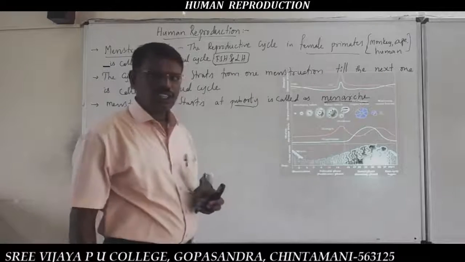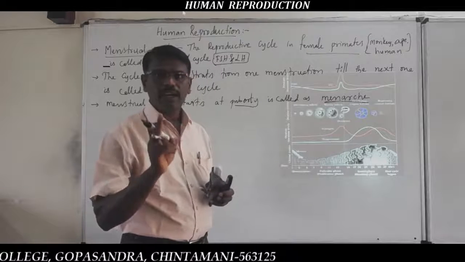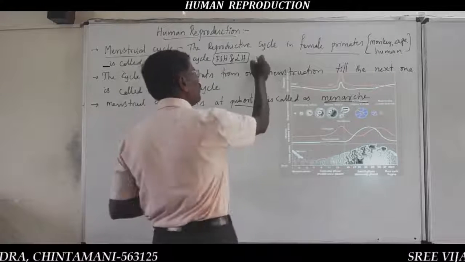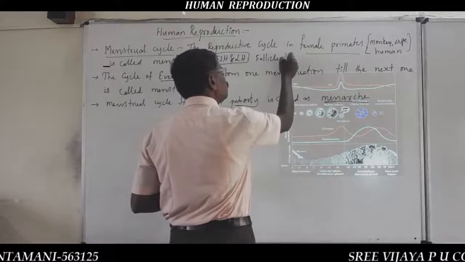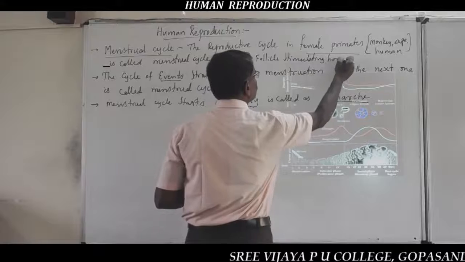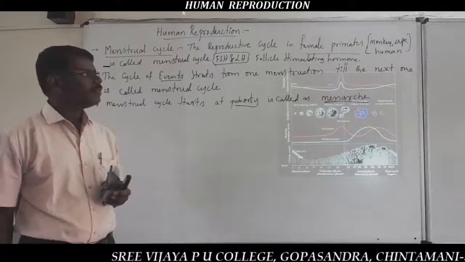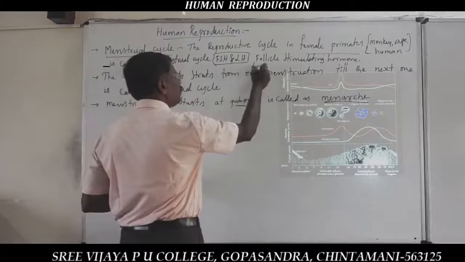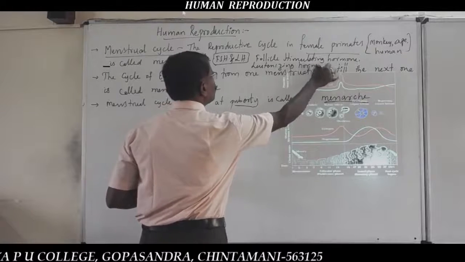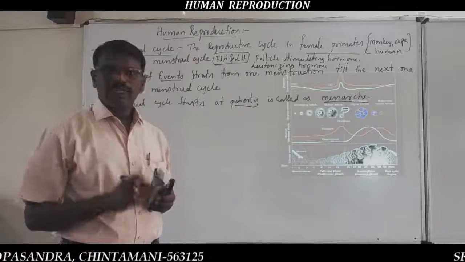FSH is follicle stimulating hormone. LH is luteinizing hormone. These two are gonadotropins released from the pituitary gland.